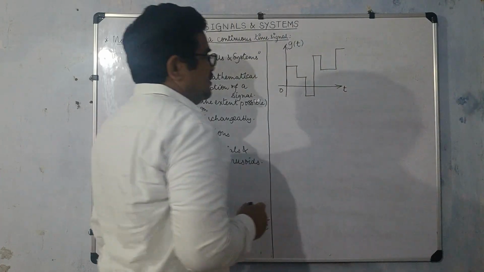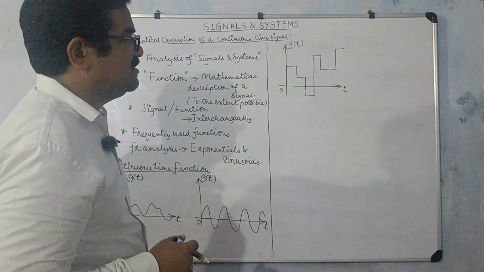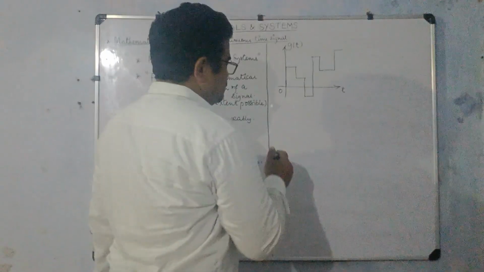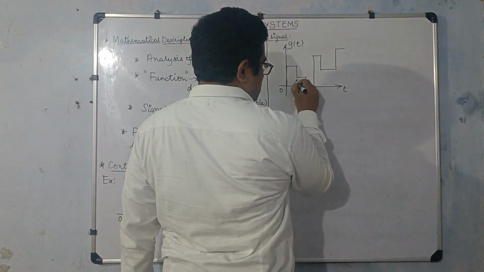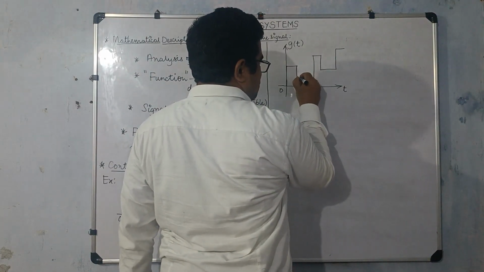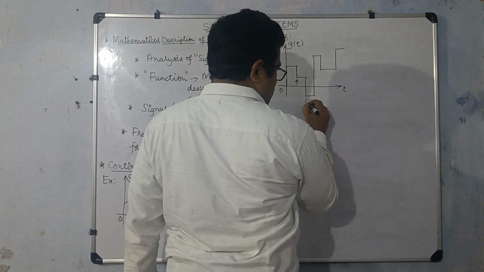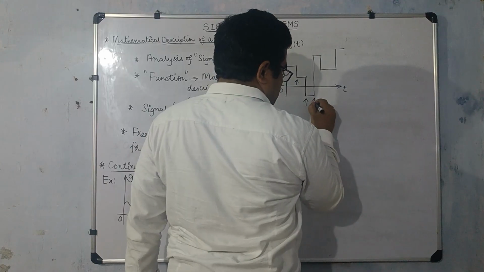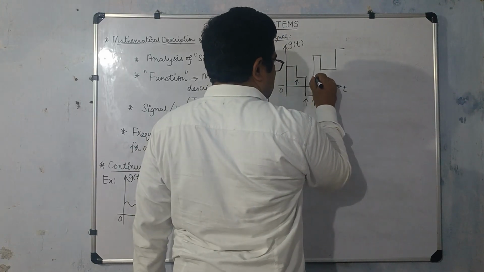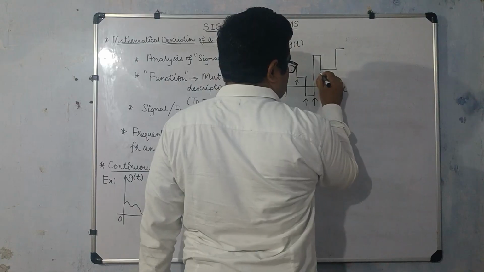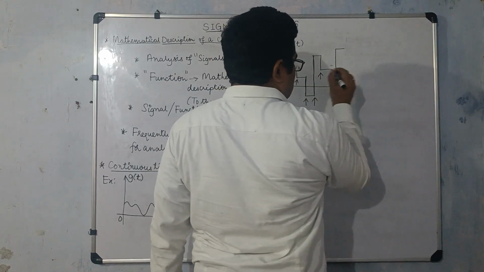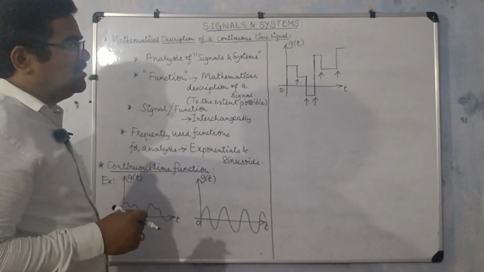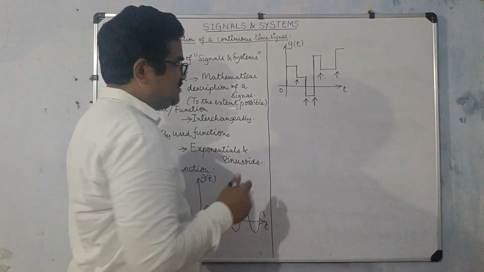The signal is changing suddenly at some instants of time, which are known as discontinuities. You can see there is a discontinuity here, where the signal amplitude is suddenly falling down. Here there is a discontinuity again, where the amplitude falls down once more. There is a discontinuity here, where the amplitude is suddenly increasing. So all these points, where the signal is changing suddenly, are known as discontinuities.